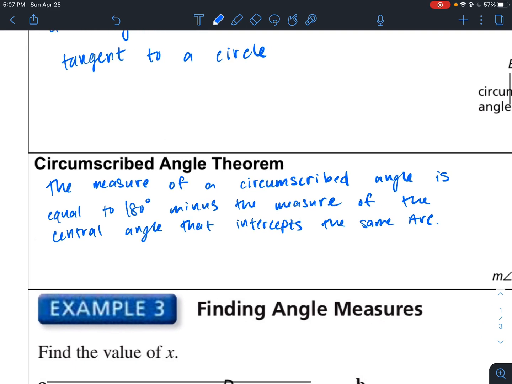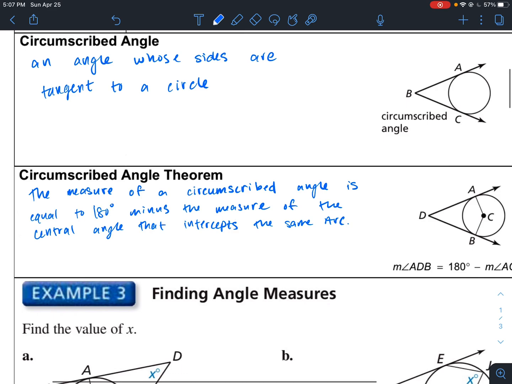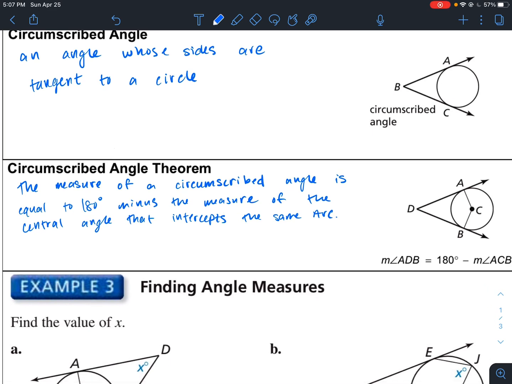Okay, the measure of a circumscribed angle is equal to 180 degrees minus the measure of the central angle that intercepts the same arc.